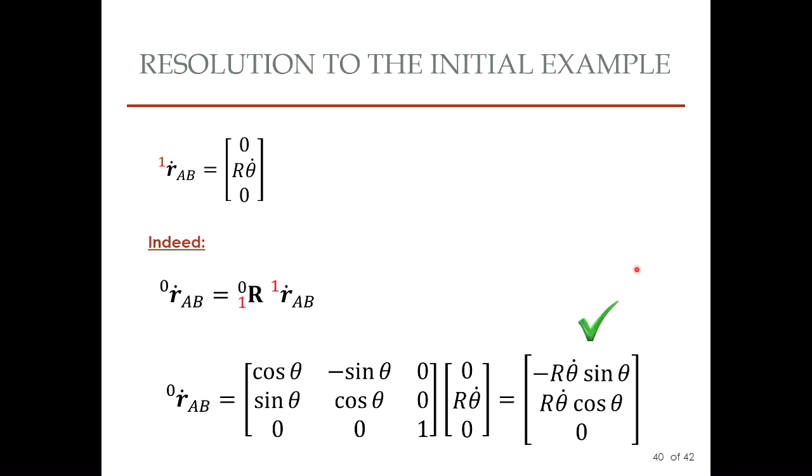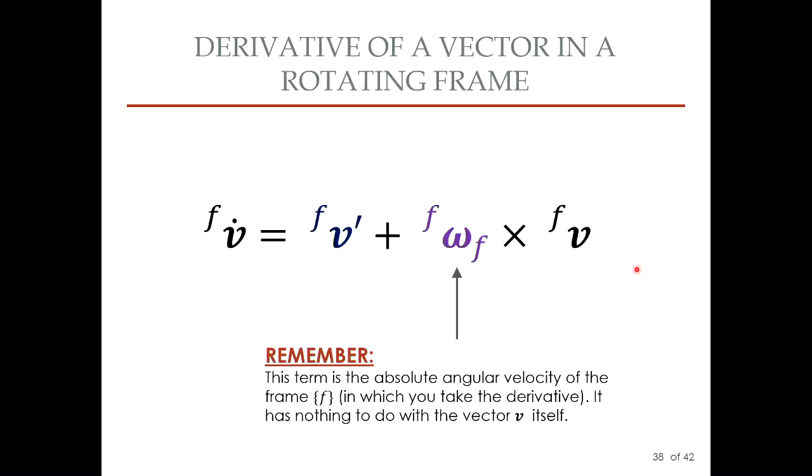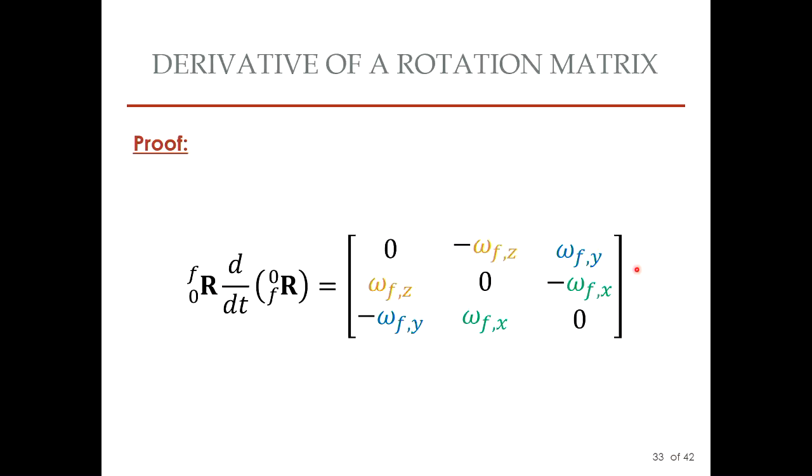Why is this equal to this, while this didn't equal to this? Because in frame 0, the axis is stationary. It doesn't rotate, whereas frame F rotates. So this is the example.